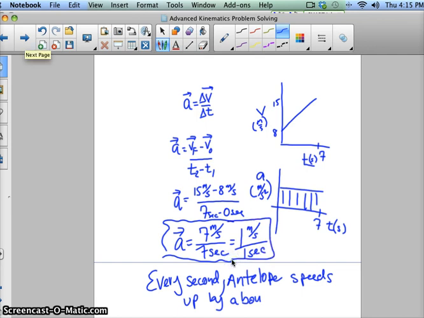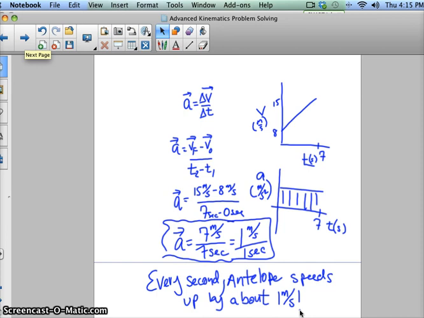There we go. Now it's cool. Every second the antelope speeds up by about 1 meter per second. So again, the 1 meter per second is the change in speed that's happening each second.